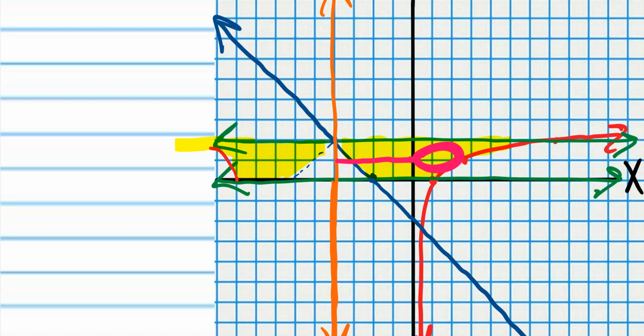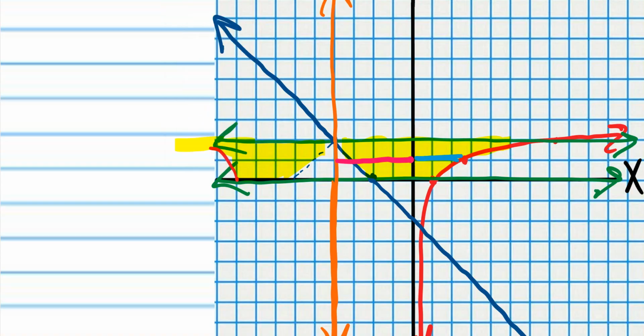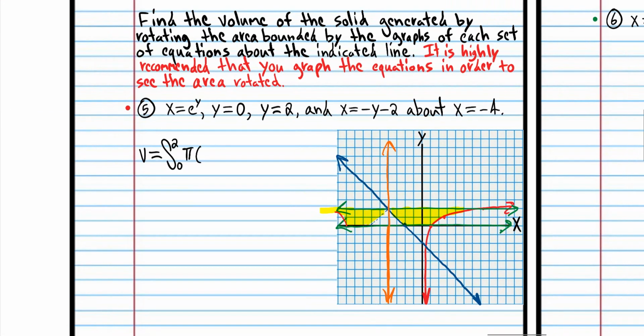This light blue distance, well, that's an x value, the x value of this point. But that x value can be written in terms of y. And that's this expression here.